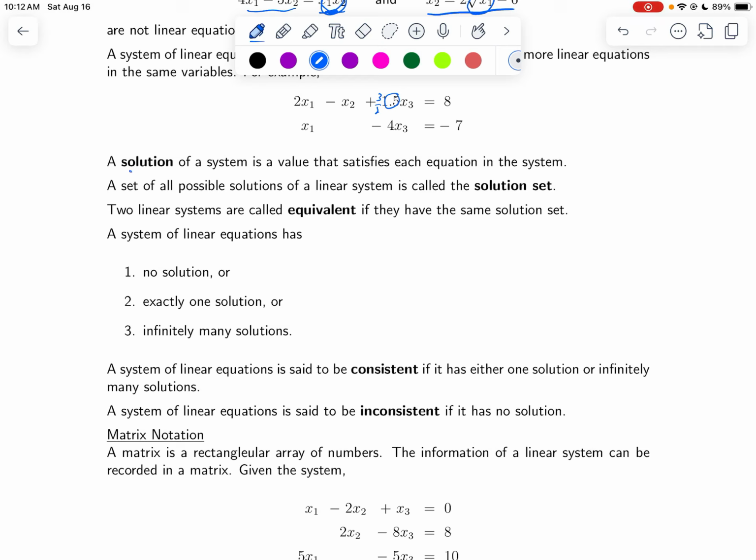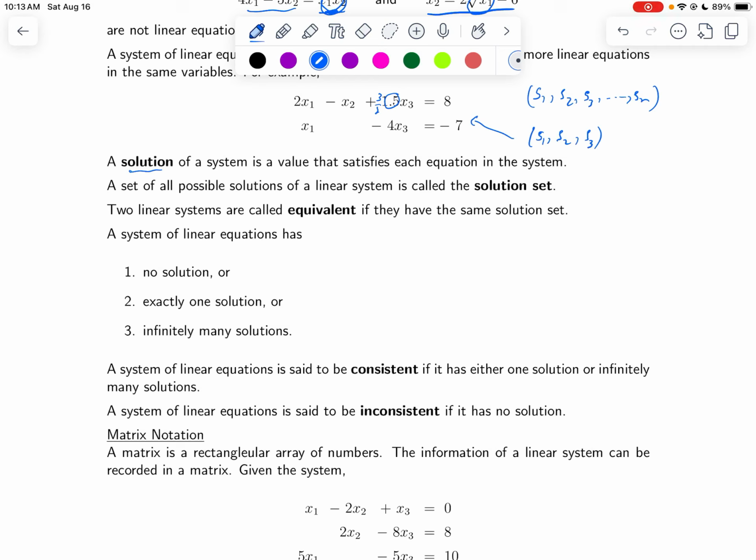Now a solution of a system is a value that satisfies each equation in the system. The solution will be of the type S1, S2, S3 in this case, and in the general case it will be S1, S2, S3 and so on up to Sn, in parentheses.